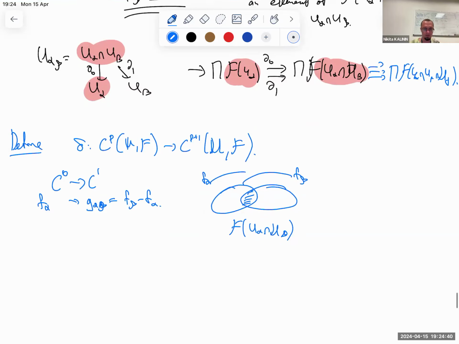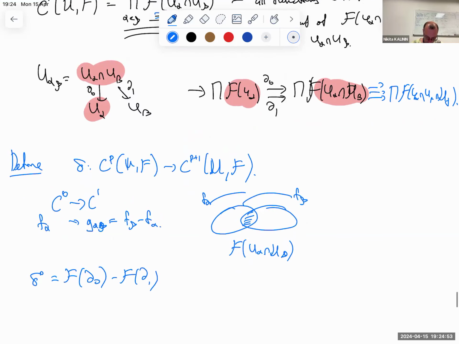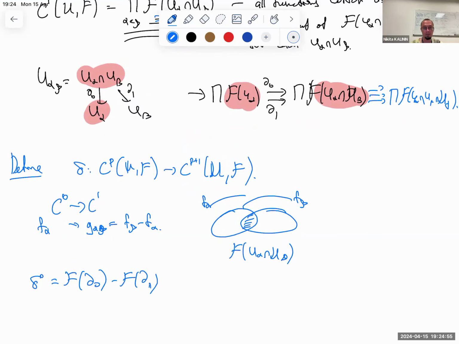Maybe a more fancy way to write it is like that. So this delta, let's say delta 0, can be written as F of delta 0 minus F of delta 1. Here I take f beta minus f alpha. Right, so here it means that it's f alpha minus f beta, because I have this delta 0 here, which is restriction.